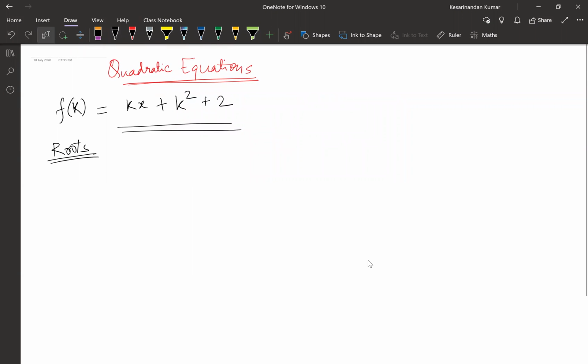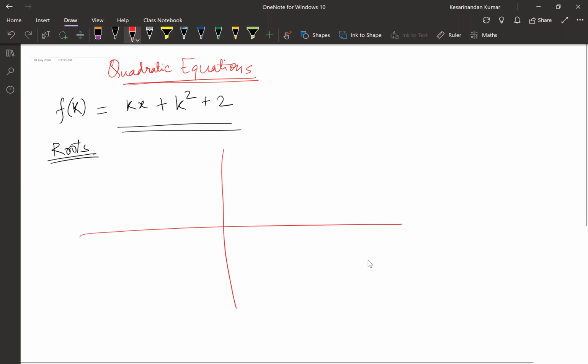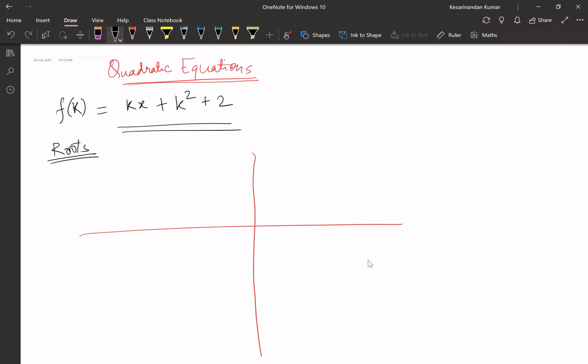So we again come back to geometry and coordinate geometry. Like I said, algebra is closely linked to that, so we'll move that way. So let's say this is your parabola.